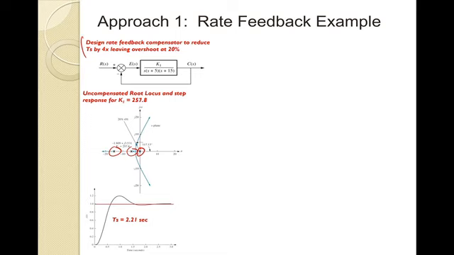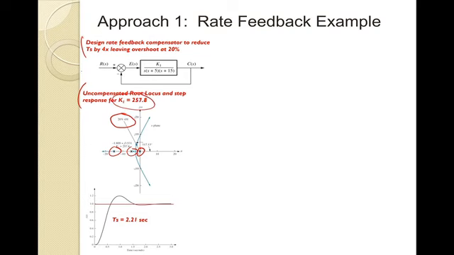So our uncompensated root locus and step response are shown below here. We've walked you through enough of these processes, so we can vary our gain K so that we are on this 20% overshoot line. The poles at 0 and -5, as we vary K, come together and go off axis, and where they intersect that damping line, we get 20% overshoot, and a K of about 257.8.